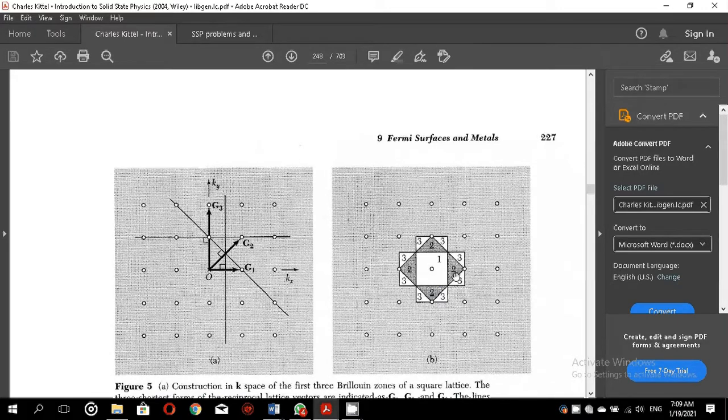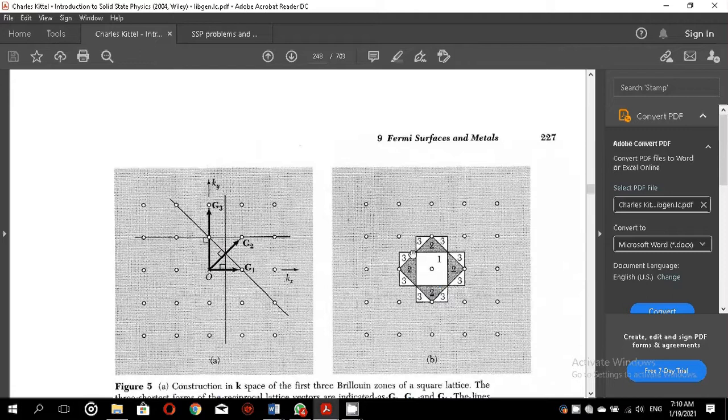So what we have done now, we have taken the part of the second Brillouin zone which goes outside the first zone. We will transfer it into the first zone using the reduced zone scheme. So we will transfer the parts of the second Brillouin zone into the first zone, and similarly the third zone is based on the next nearest neighbors described by the reciprocal lattice vectors G3.